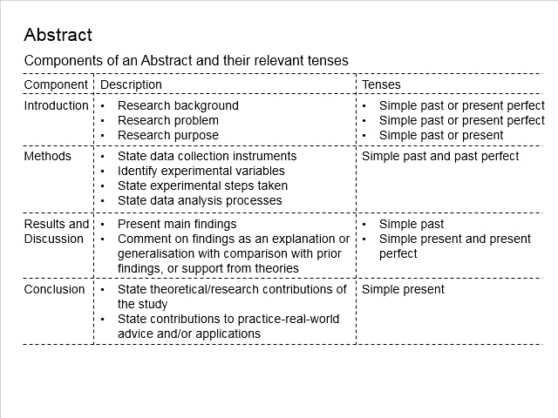As for the methods and methodology, you will need to state the data collection instruments, specify the experimental variables, state the experimental steps taken, and state the data analysis processes. The respective tenses are given here.